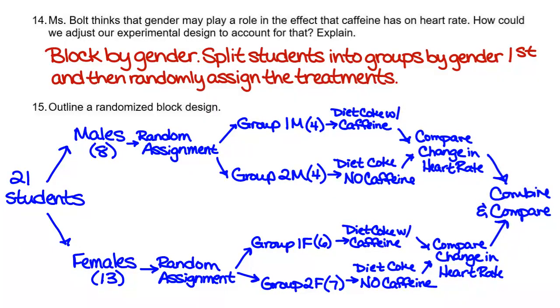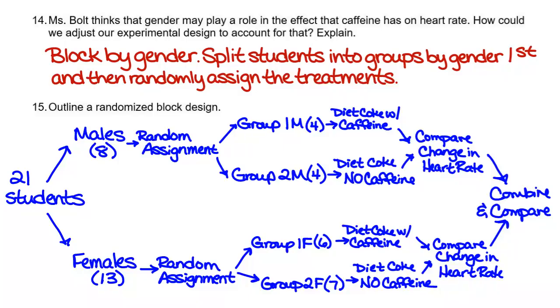First, you use gender to split them. That's obviously not random. Why do we do the blocking? We want to try to control for a potentially confounding variable. If I didn't think gender had anything to do with heart rate, then I wouldn't care about blocking by gender. I would want to choose something that I thought affects heart rate, something that influences heart rate.